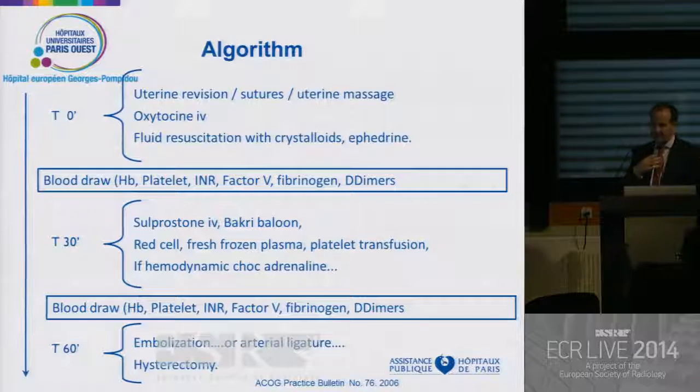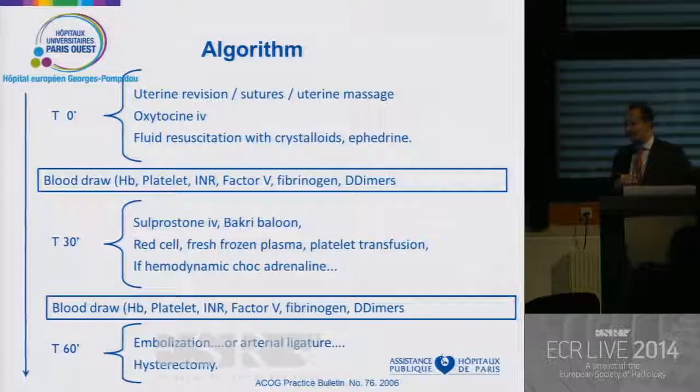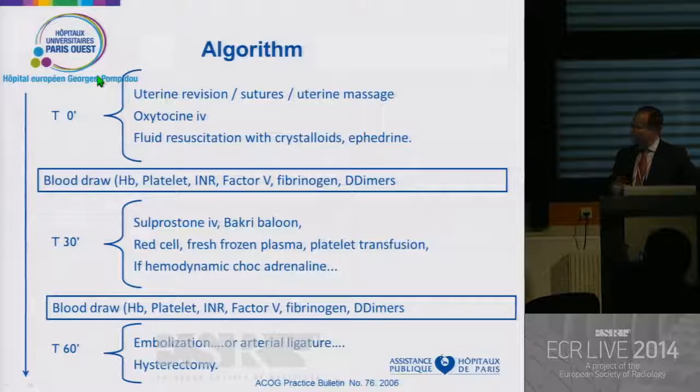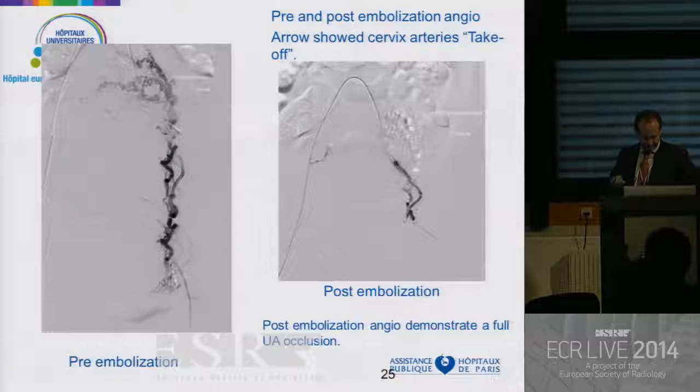Based on our experience of nearly 10 years, we have had 5 cases of hysterectomy for intractable hemorrhage and no death. So this algorithm should be very strong for us, and it is the base of our treatment.